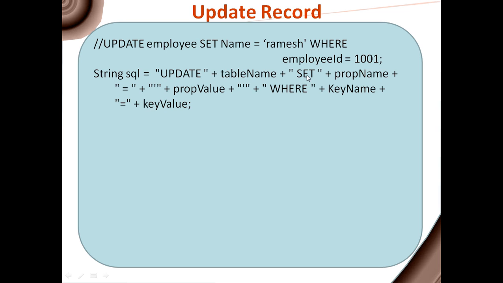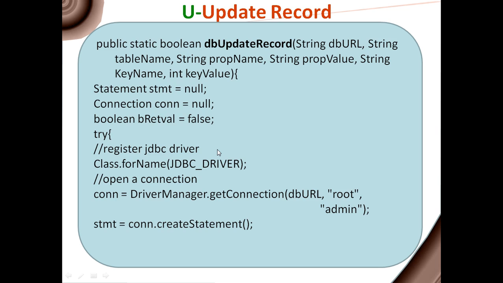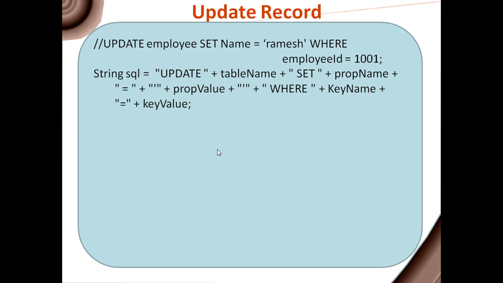So we are now changing this set property name, that is employee name will be set to Ramesh instead of Sunil, and where the ID is equal to 1001. Okay, so that's basically the simple definition of this particular query.